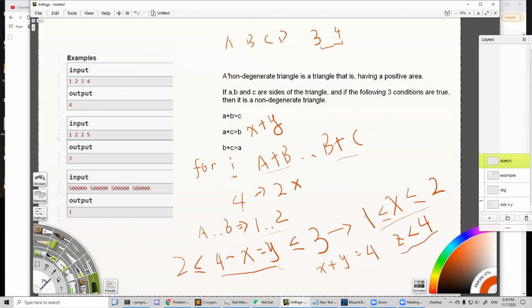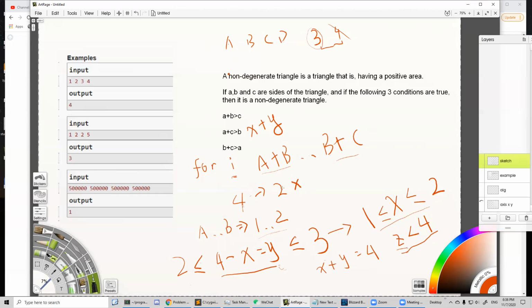So in this case, z must be smaller than 4. But the CD's restriction tells us z can be 3 or 4. So we eliminate 4 for this condition's sake, and we only get 3 as this value. So z has one possibility.